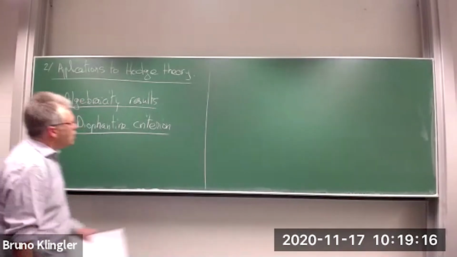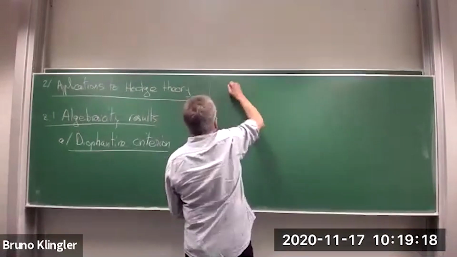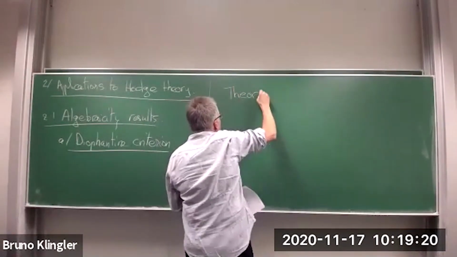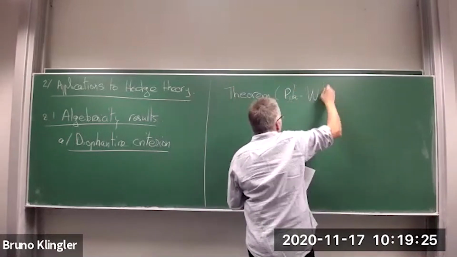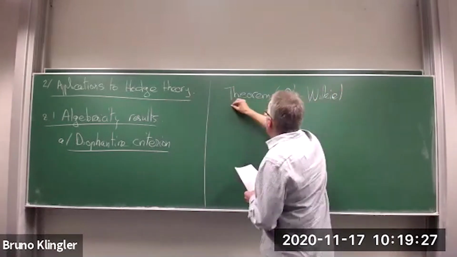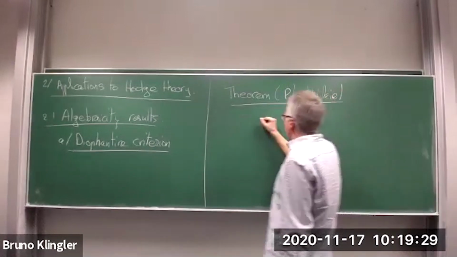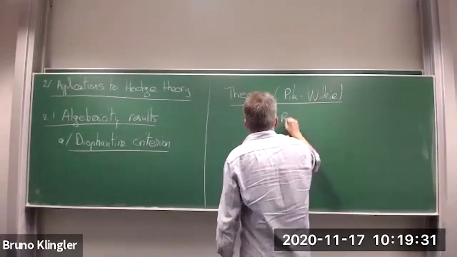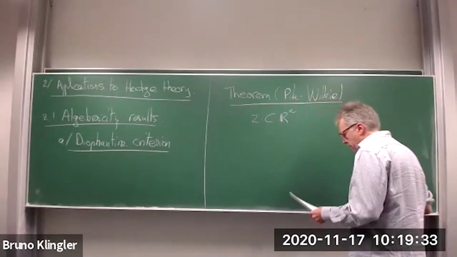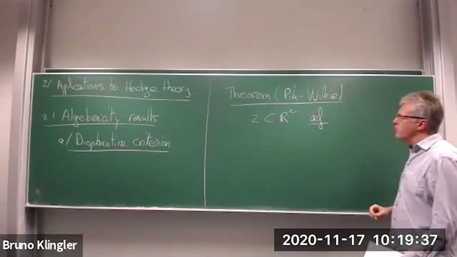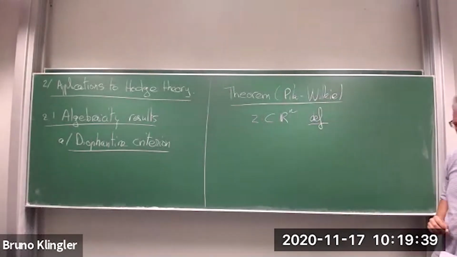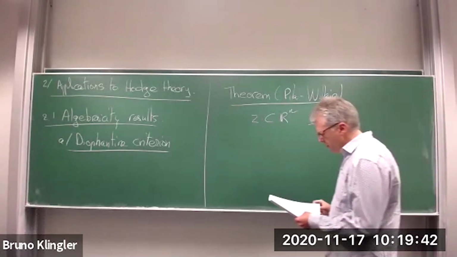Okay, so what is the theorem? The famous result is due to Pila-Wilkie. It says the following: suppose that you start with some subset Z of R^n which is definable. Now definable means definable in some o-minimal structure, like one of those that I defined yesterday.